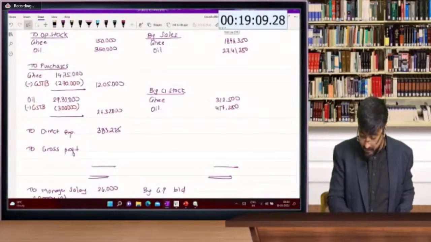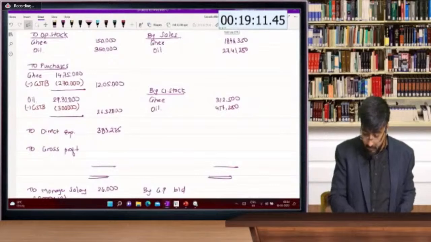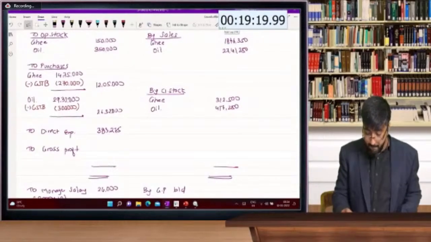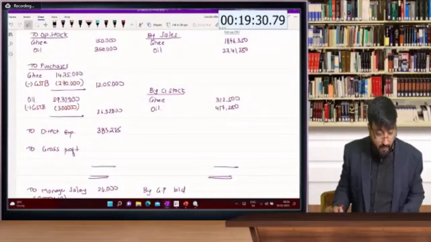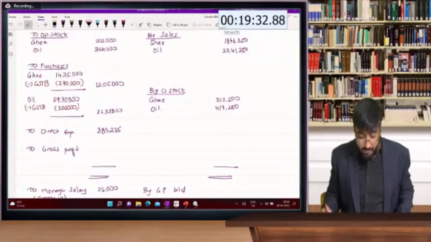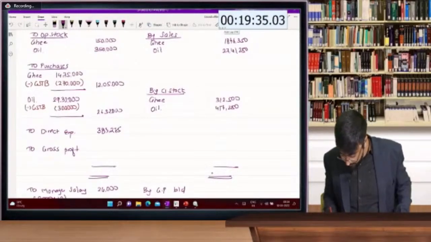So this is the last part. I'm getting the profit total 53,17350.